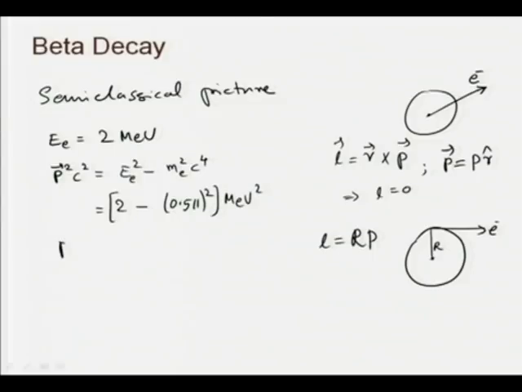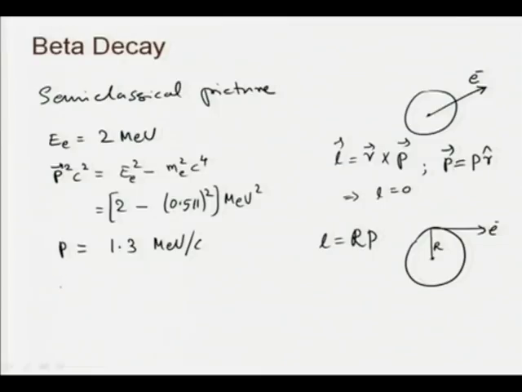It turns out that if you do the calculation, I will leave the algebra to you, P turns out to be 1.3 MeV per c, or Pc is equal to 1.3 MeV.